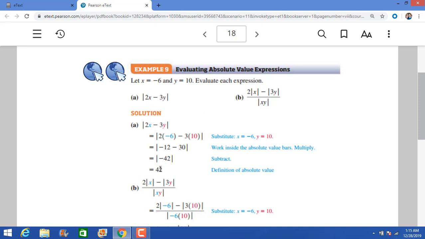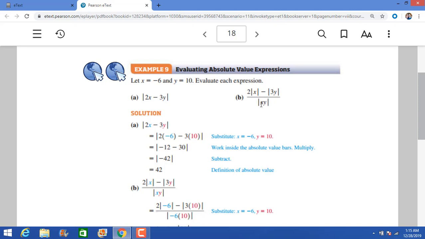So we get +42. For B, we're going to get -6, and the absolute value of -6 is +6. 2 times 6 is 12. Then 3 times 10 is 30, but the absolute value of 30 is still 30, minus 30. So we get 12 minus 30, which gives us a negative 18, right?